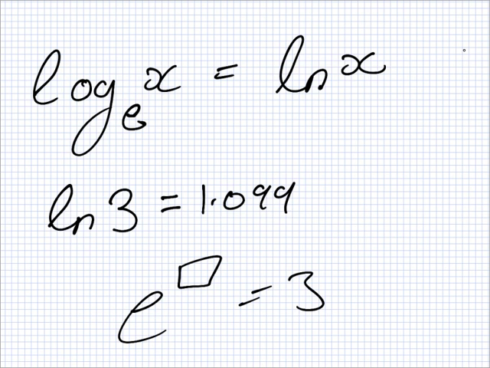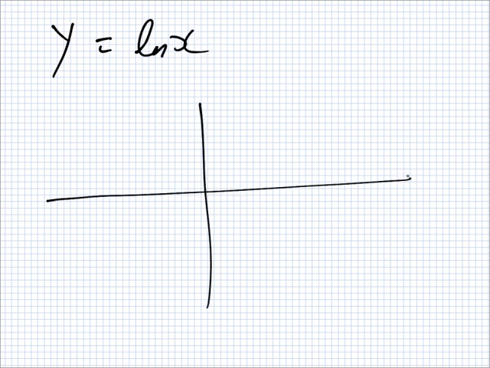Right, okay. Can you scroll down? So, let's have a look at the graph. Let's just look at simply natural log x. So, there's a couple of values we know already. What if I calculate, let's say, natural log 1? Log 1, what should that be? Zero.